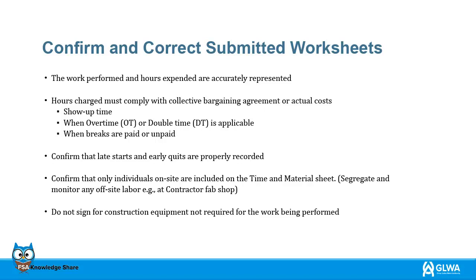Late starts and early quits are properly documented. Make sure that only individuals that are on site are included on the time and materials sheet. Segregate and monitor any off-site labor, for example, at the contractor fab shop. Do not sign for any construction equipment that is not needed for the work that is being performed at the site.